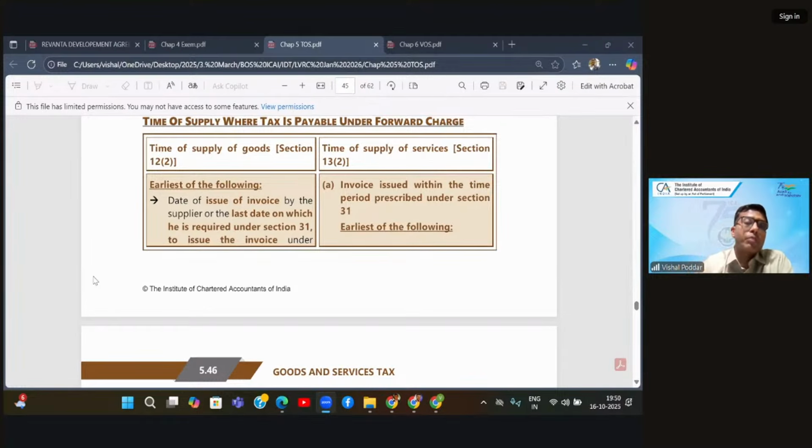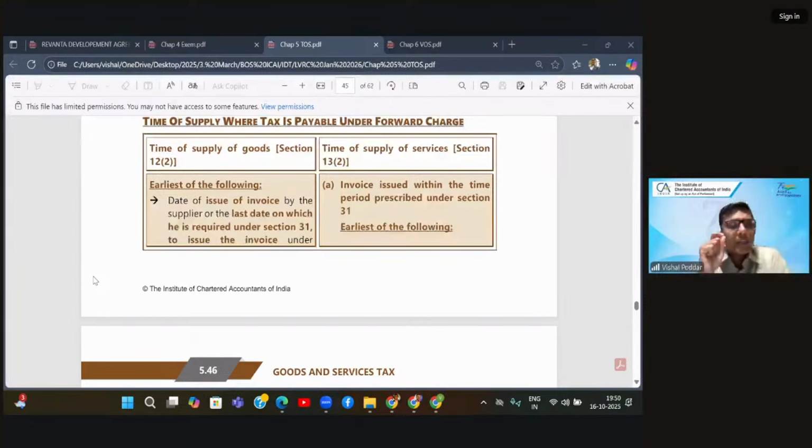Now, what is important in this is that when we say whichever happens first is the time of supply, you have to understand one more thing here. What will be the value of supply? Let us say this entire contract was for 5 lakhs, but I stopped the work after 1.5 months. So time of supply will be decided by the earlier of these three, but the question is on what value this amount will be calculated.